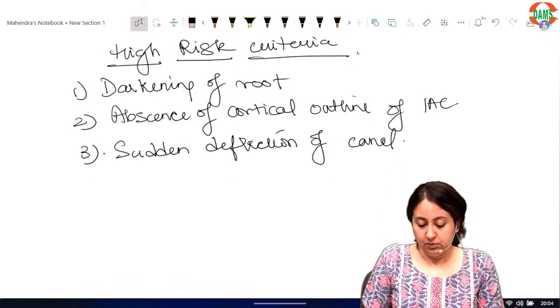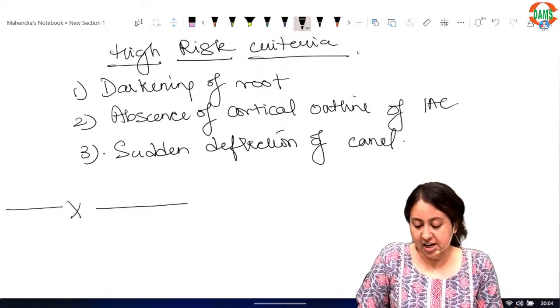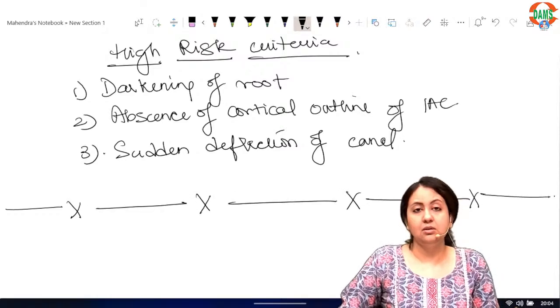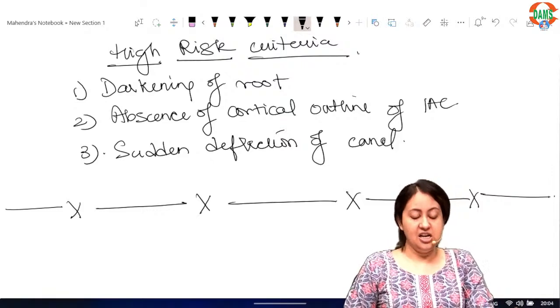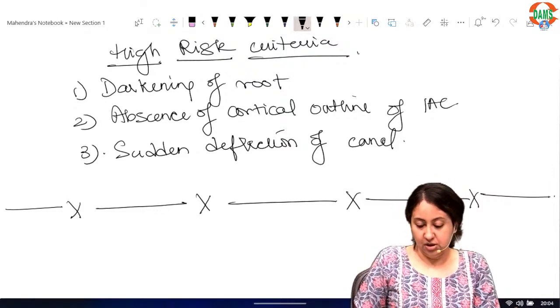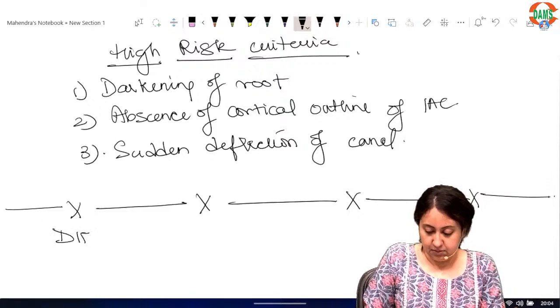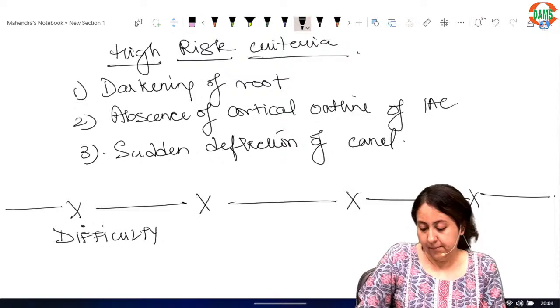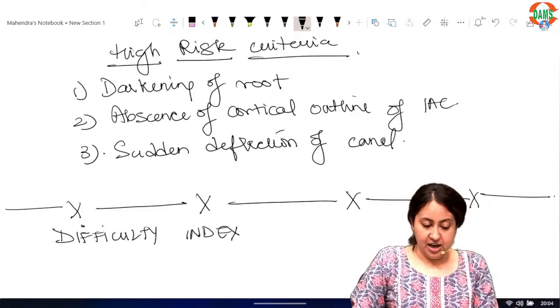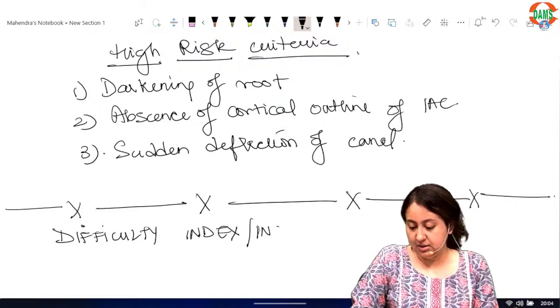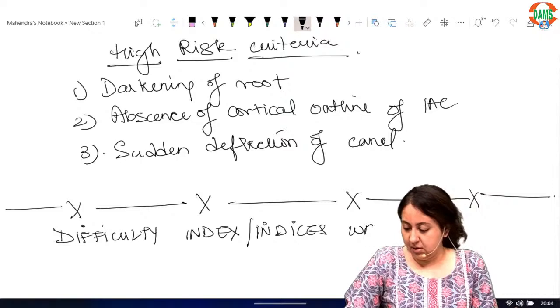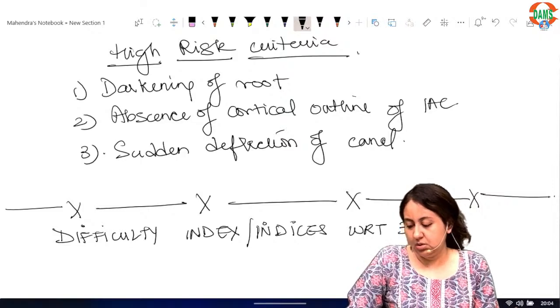Now we will see the difficulty index, or difficulty indices, in relation to third molar.